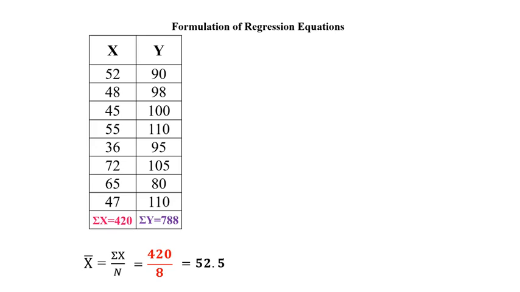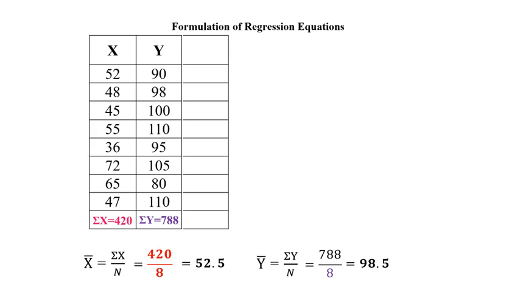Even so, since you have a calculator, you can proceed. It can be done by the assumed mean method, but the direct method seems easier. Even if a point value comes, follow the direct method and it will be easy, you have a calculator. The assumed mean method will be discussed in the next session. Let us do it in the direct method itself, the actual mean method. Find y bar also. Y bar is 788 divided by 8, which equals 98.5.